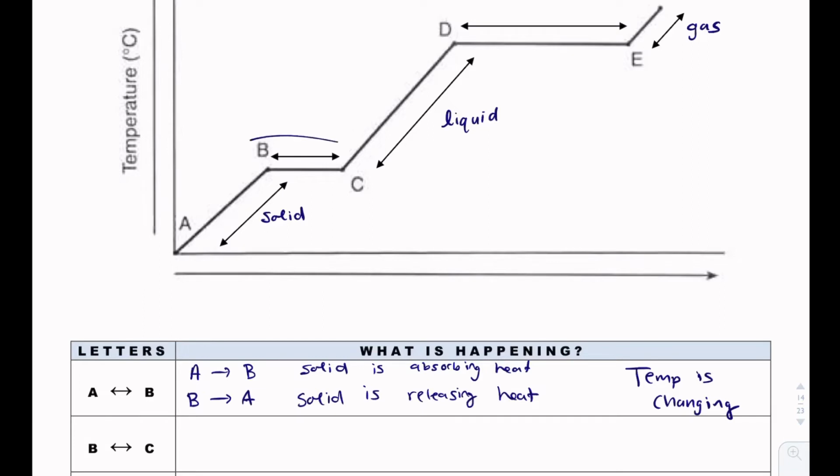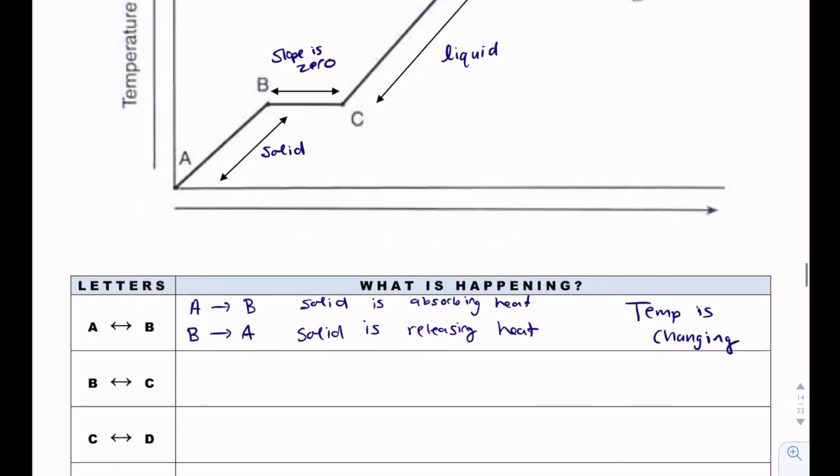Now, from B to C, we're in this section, we notice that it's flat, and so our slope here is 0. Well, our y value is temperature, so from B to C, we have no change in temperature. So we have two situations.